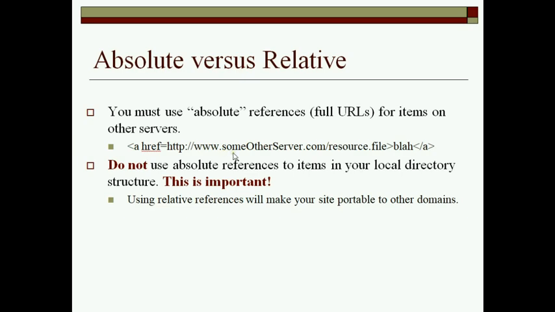Now, do not use absolute references to items in your local directory structure, because using relative references will make your site less portable to other domains. If you were to move the HTML page that is referencing resources on your machine or your local directory structure, then all those references will no longer be valid, because they will be relative to whatever machine you have moved this file to.